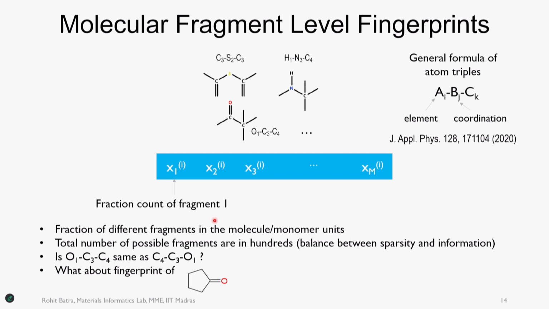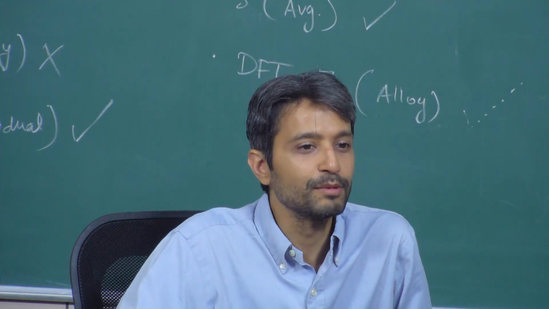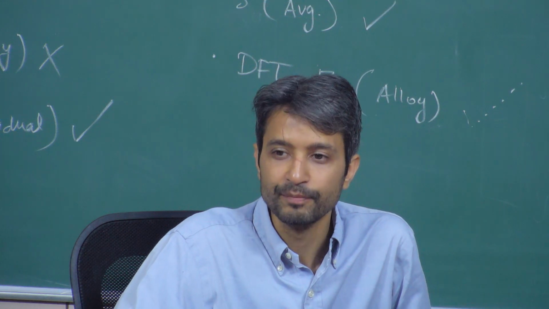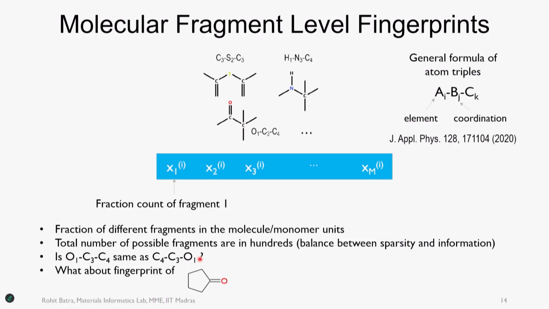At this feature level, I might not be able to distinguish them. If the ring size is less than 3, then maybe yes, but if the ring size is larger, then I will not be able to distinguish them. So this is the limitation. Any feature you take, it's not that it's perfect. This is another limitation that we have to be aware of.